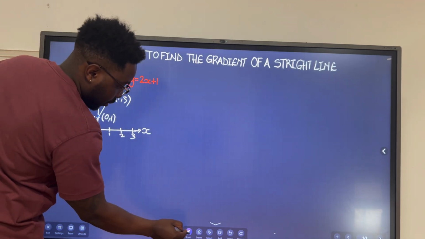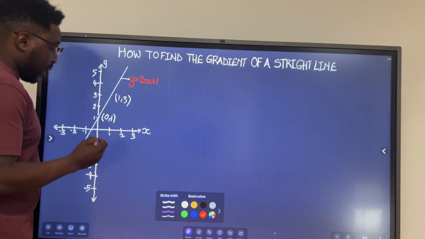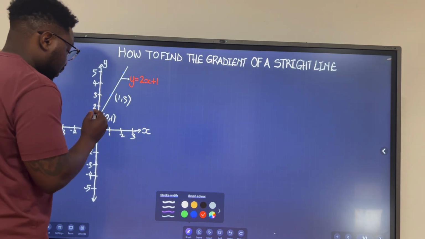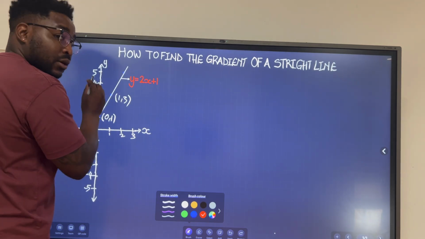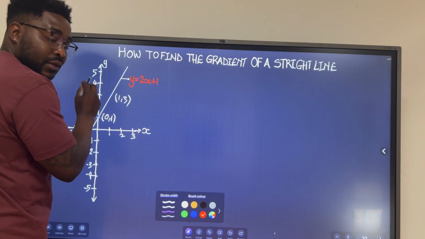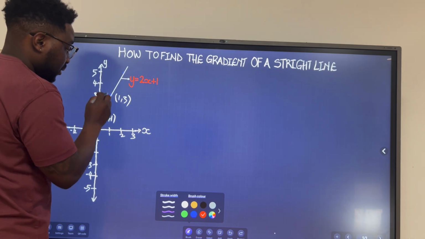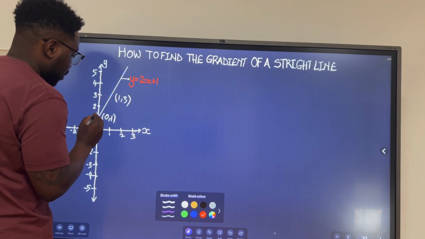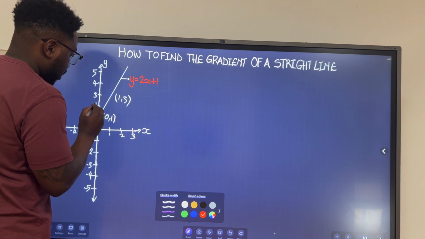Now we said we have to see how much the graph rises vertically in the y-axis between the 2 points over here, right? So that's 1, 2.